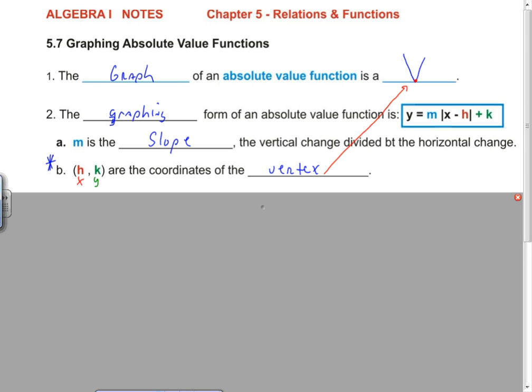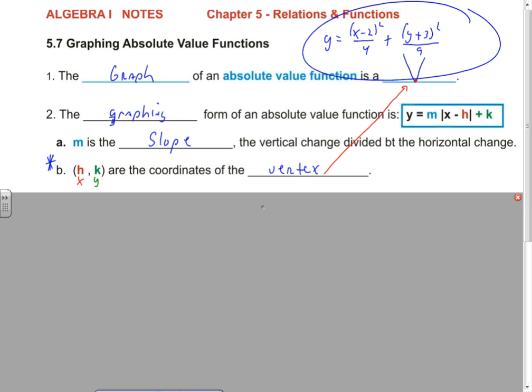Later on down the road, you may even see a function like this: the quantity x minus 2 squared over 4 plus the quantity y plus 3 squared over 9, and that will be an ellipse.